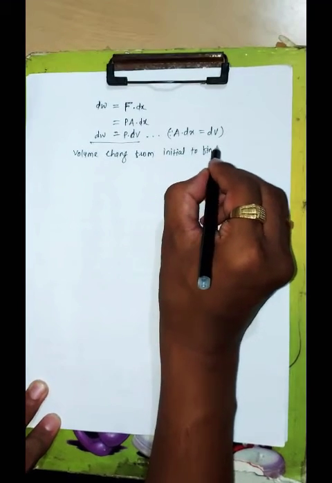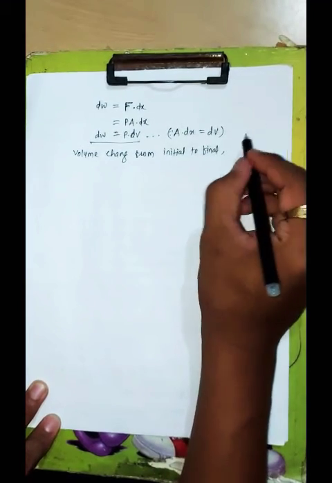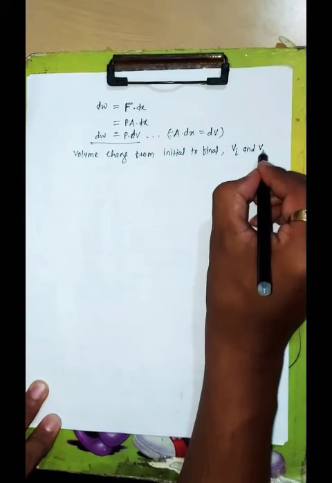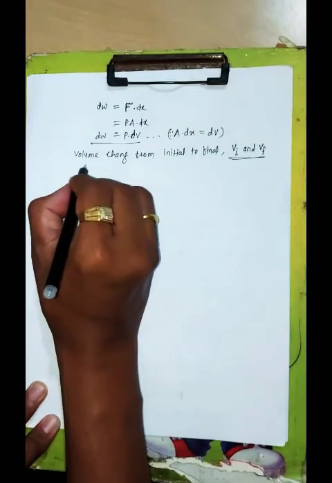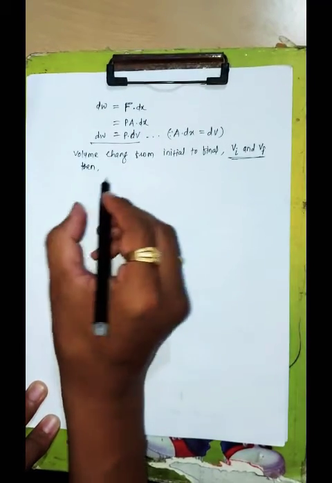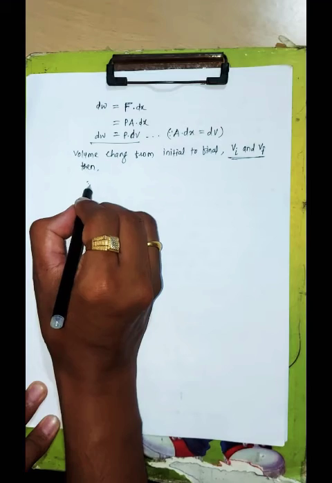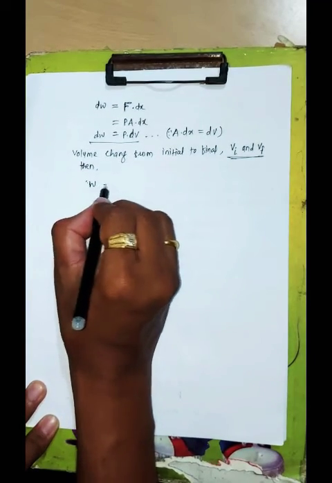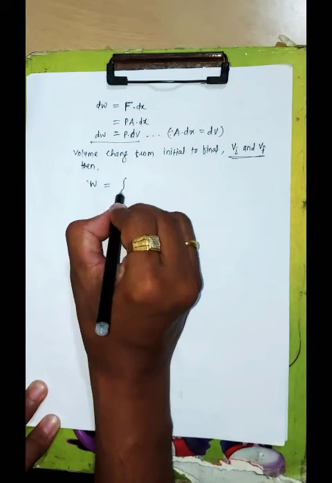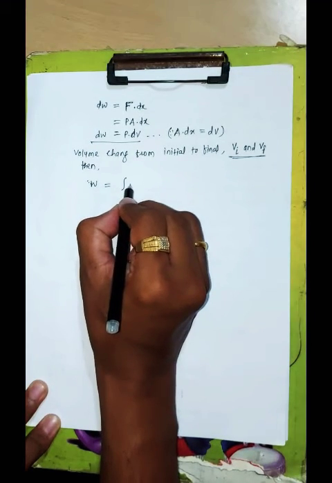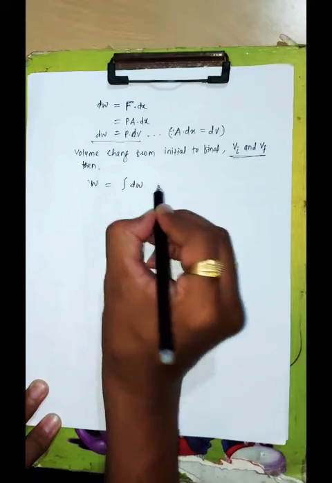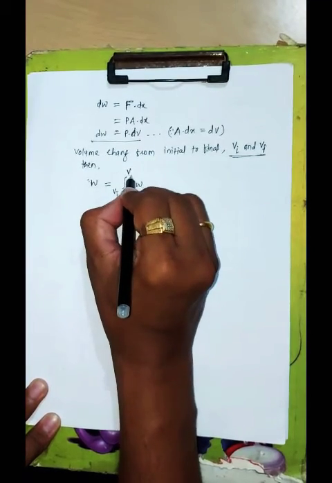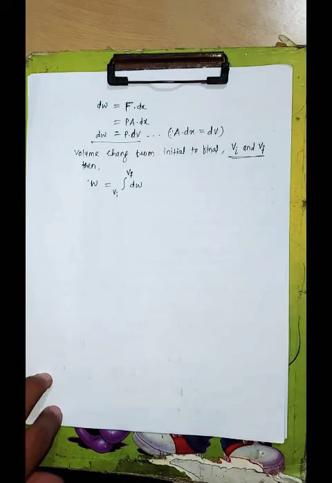So initial means it is VI and final means VF. Then the equation should be written as, this is the work done, that is W, and it is the integration of dW, where that volume can change from VI to VF.